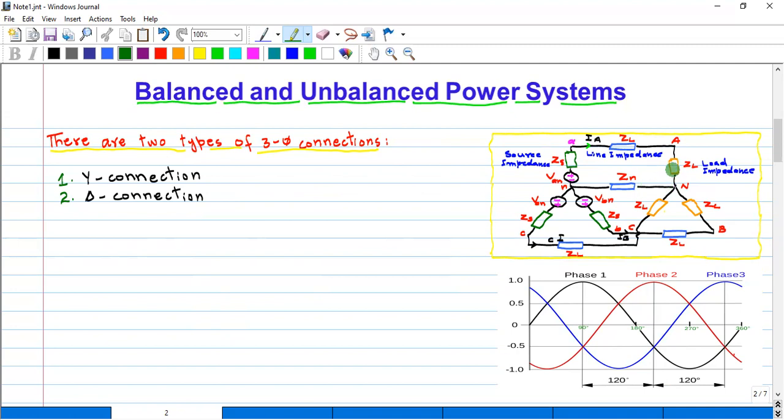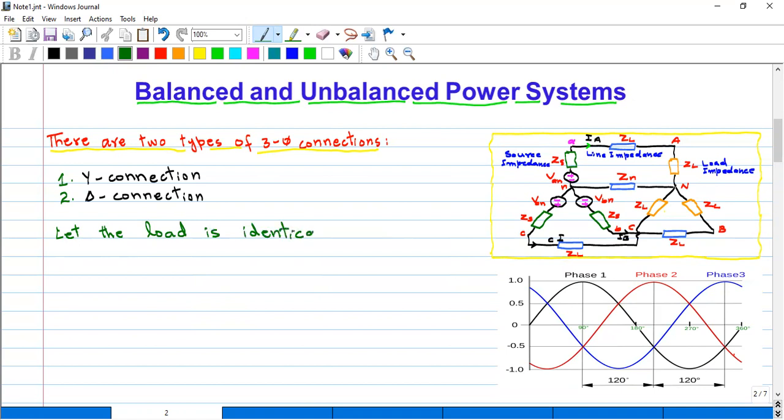So let the connected loads be identical. Let's suppose there are three identical loads connected to the three-phase power supply. Let the load on the three-phase power system be identical.